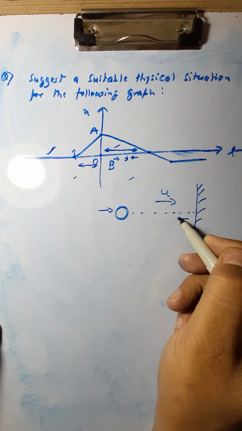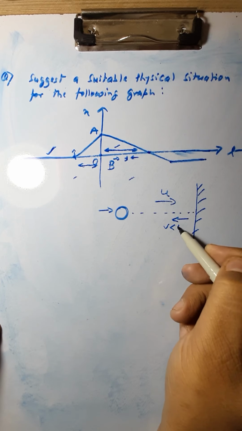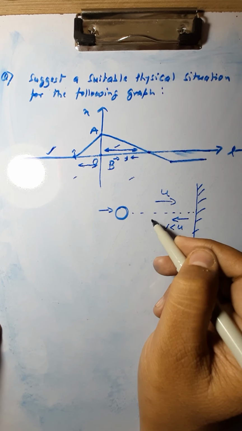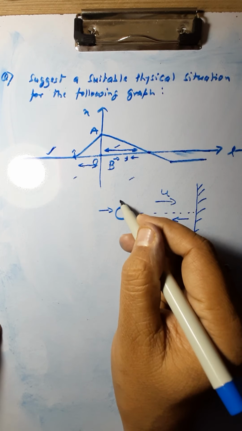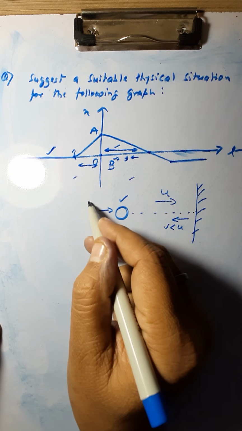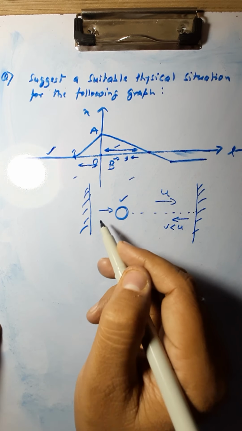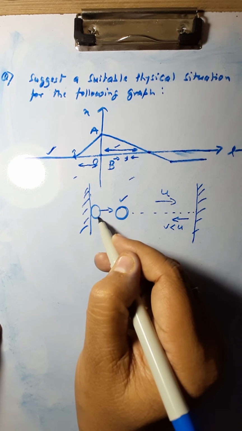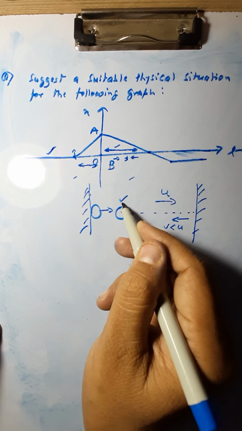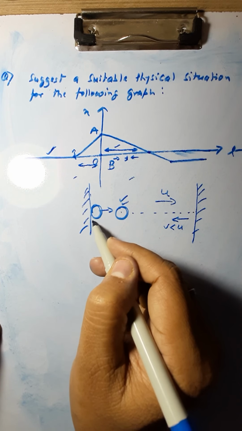Suppose it retraced with velocity v less than u and moves behind its original position and reaches here to a second wall, the wall behind the original one, and stays at rest.